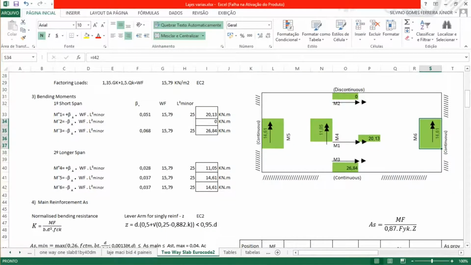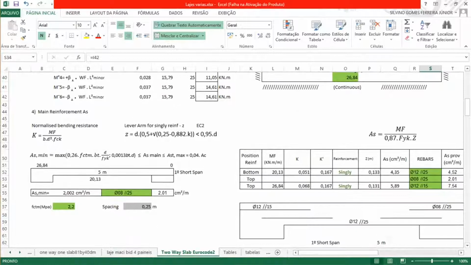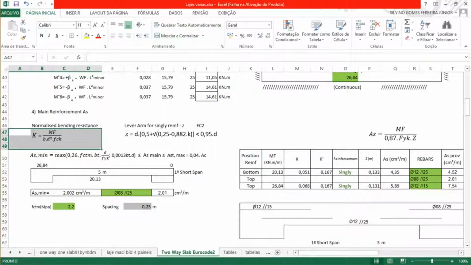So for continuous slabs in the British code, they like to use this K, the normalized bending resistance, based on fck, instead of using the safety factor already on the concrete. So they use this K, which is the factored moment divided by b multiplied by d squared, multiplied by fck.